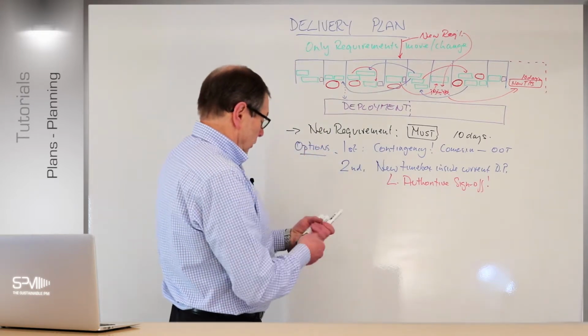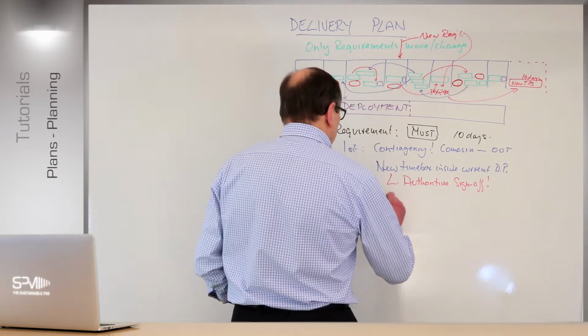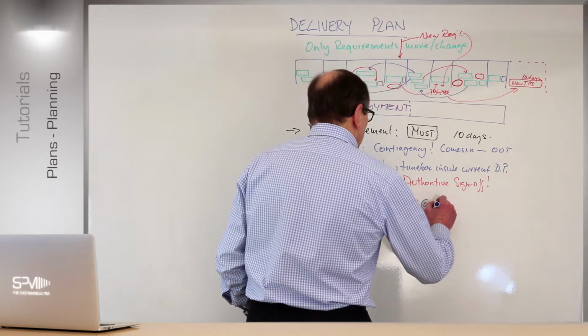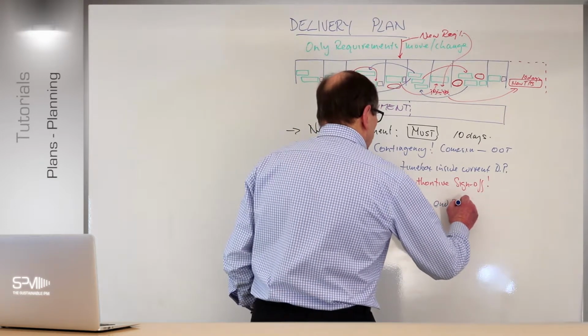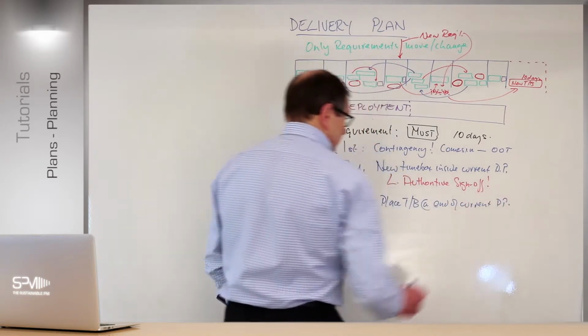So, third option is to place a time box for the new requirement at the end of the current delivery plan, right?